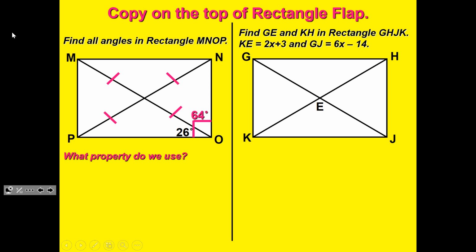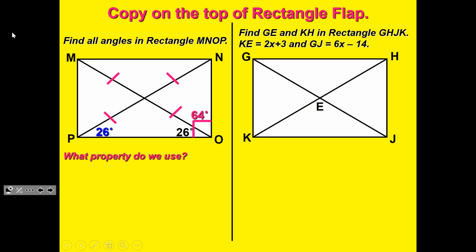Okay, we also know that all of these pieces, because of our diagonal, are congruent. Because it's a rectangle, all those pieces are going to have to be congruent because they bisect each other and the entire lines themselves are congruent. So I can also use that when helping me find some angles around the center here. Okay.